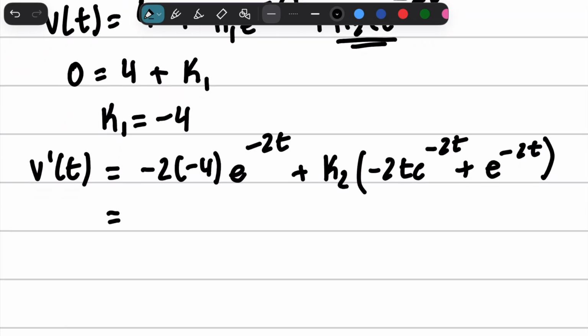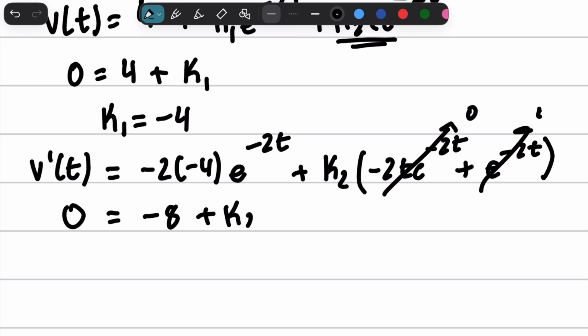And so we're going to go ahead and plug in zeros all around. So we've got 0 right here, and we are going to find that this guy becomes 0 right here. This guy becomes 1 right here, so we have 1 K2, so that's a good thing that our K2 didn't go away. And we've got K2 is equal to 8.